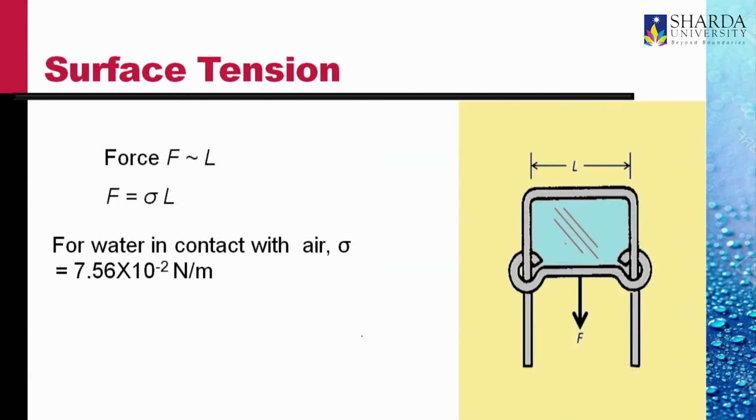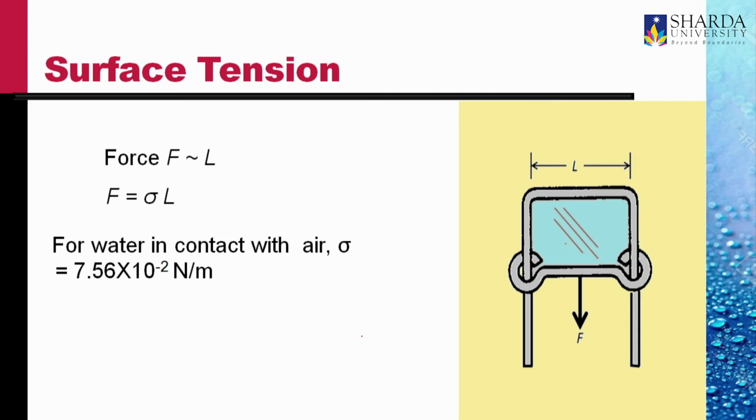The surface tension in liquid can be measured by a small setup. We have a U-shaped frame on which we have a slider. If we create a film of liquid on this, that film of liquid can support a small force F. This small force F depends upon the length L of the film in the horizontal direction as shown.